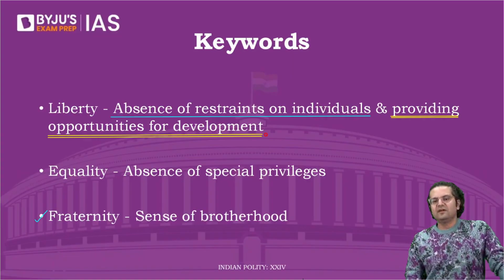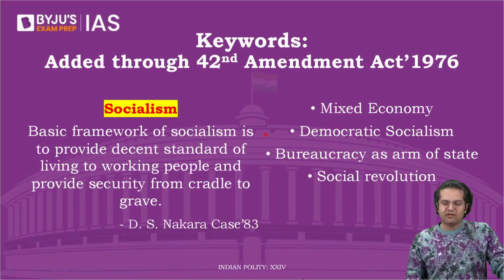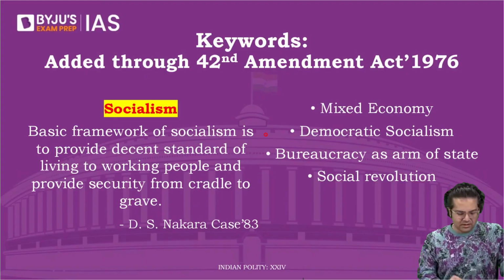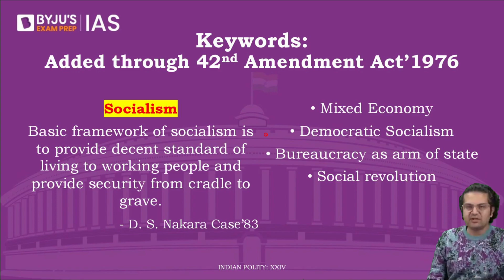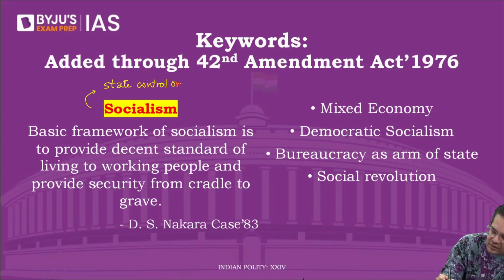Now, three words have been added in the preamble through the 42nd Amendment Act. One is socialism. What is the idea of socialism? Socialism refers to what? State control over national resources.